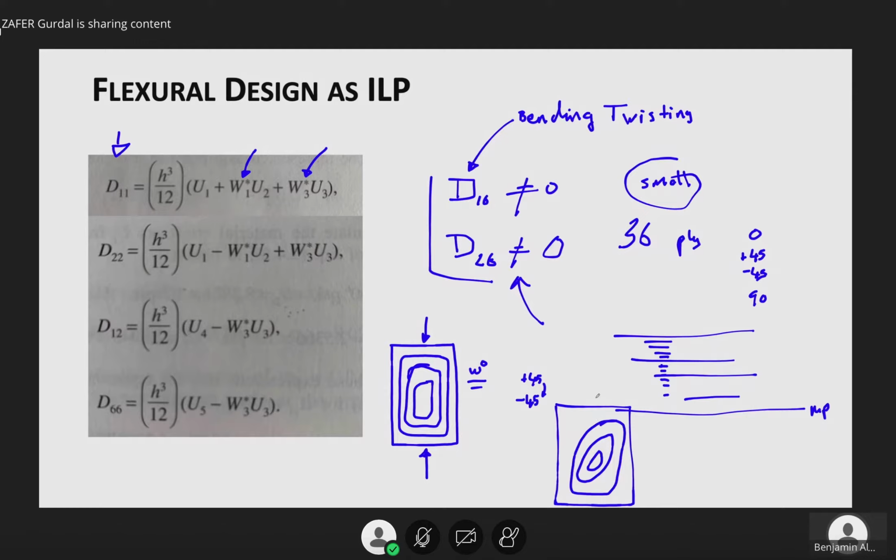Now, what's the big deal? It turns out that the buckling load of this type of laminate, where D16 and D26 are large, is actually lower than this one.